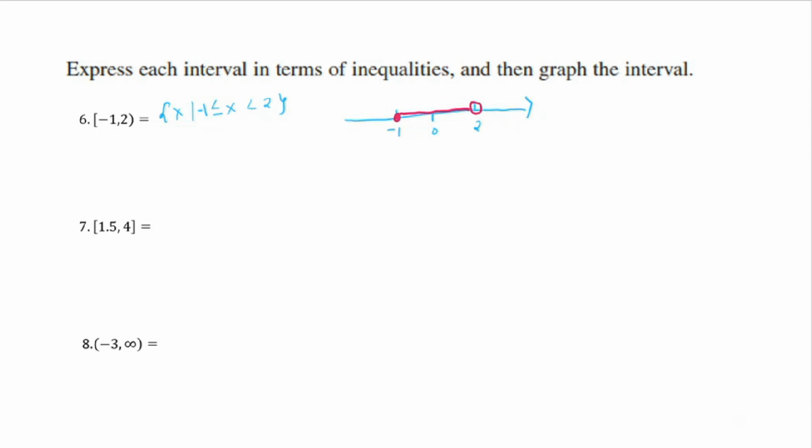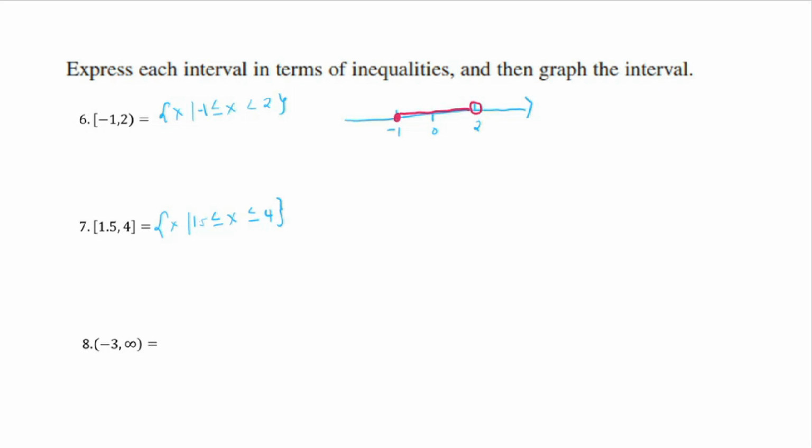Now for the next number, we have the open bracket of 1.5 comma 4 close bracket. In that case, we write the set builder notation as the set of x such that x is greater than or equal to 1.5 and x is also less than or equal to 4, because we are using less than or equal since it is a closed bracket.